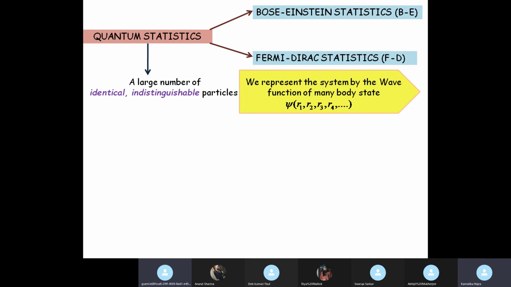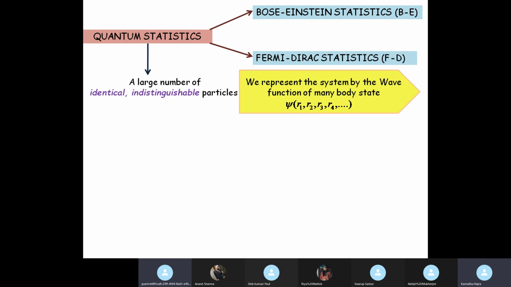Till now in quantum mechanics, we have only used the wave function of a single entity system. Only in the hydrogen atom did we encounter a two-particle system. But now we are talking about a system which has many particles of the order of Avogadro number.